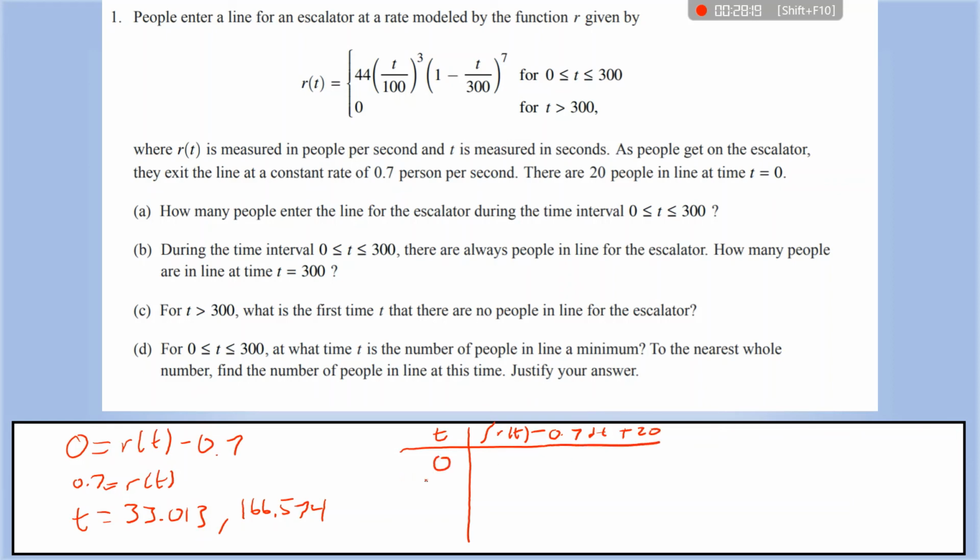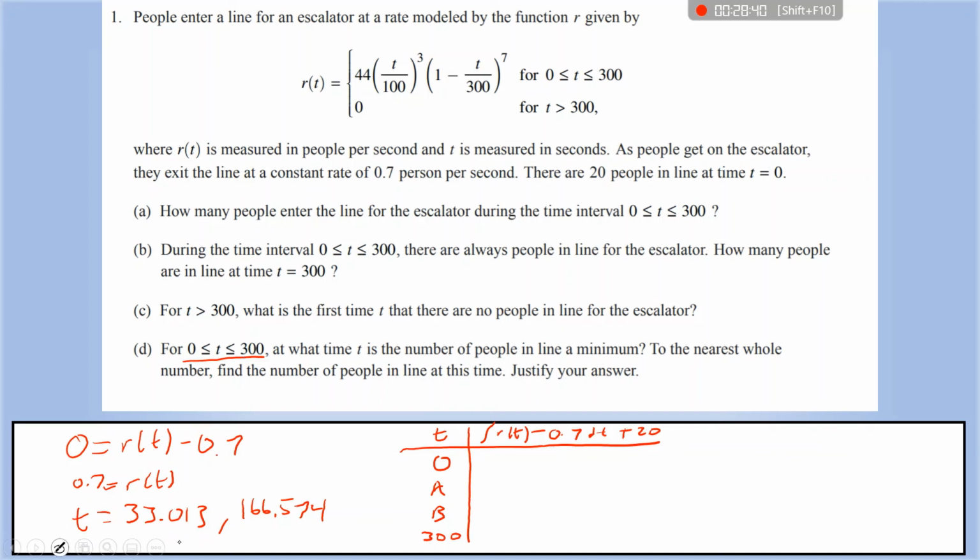My starting time was 0, then I've got time A, time B, and our final time, because we're only going from 0 to 300.